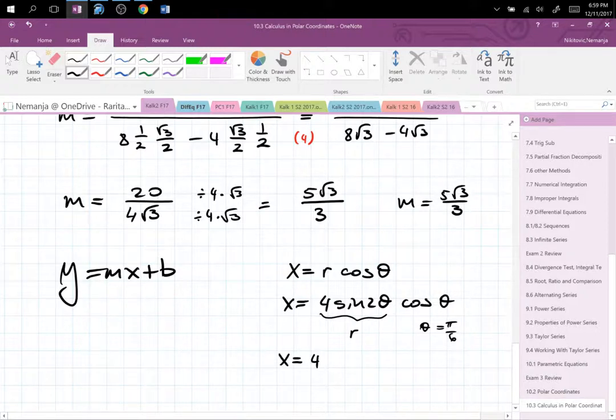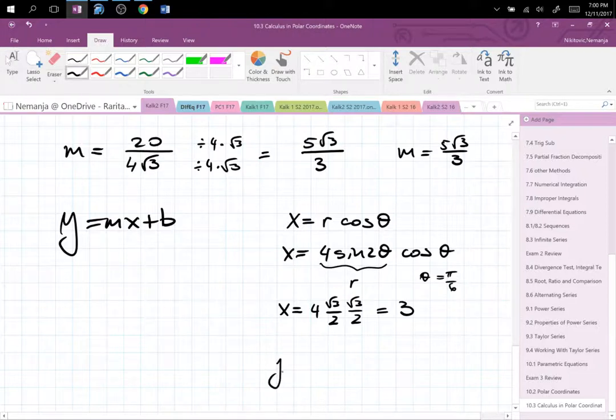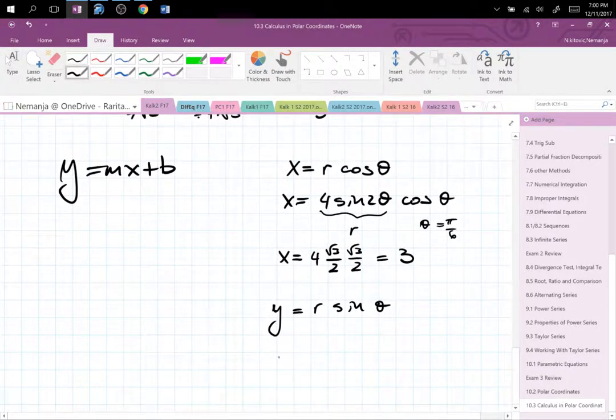It's 4 sine of pi over 3, which is root 3 over 2, times the cosine of pi over 6, which is also root 3 over 2. So this is just 3. Beautiful. And the y value is r sine theta, which is y equals 4 sine 2 theta sine theta.